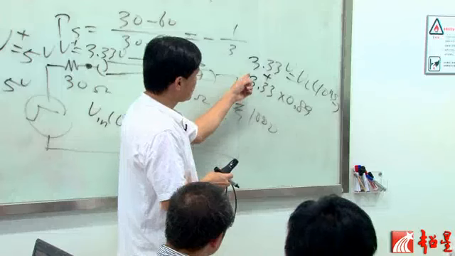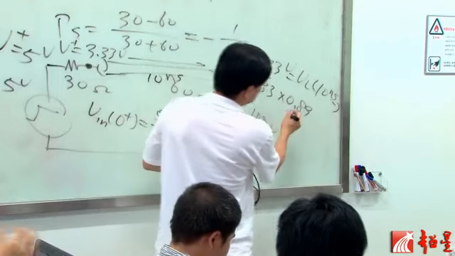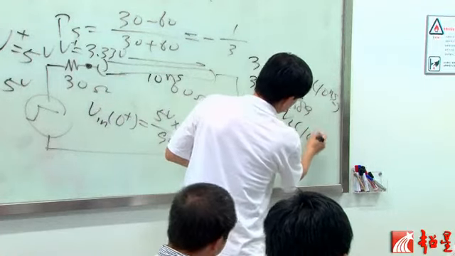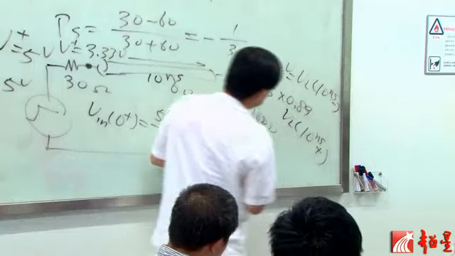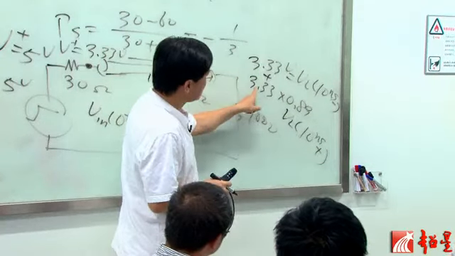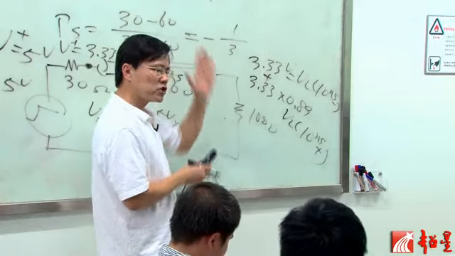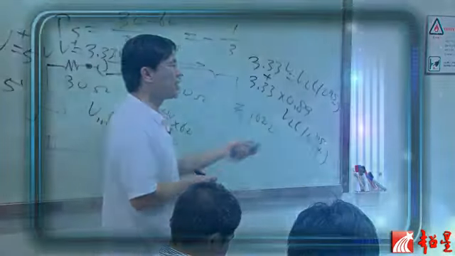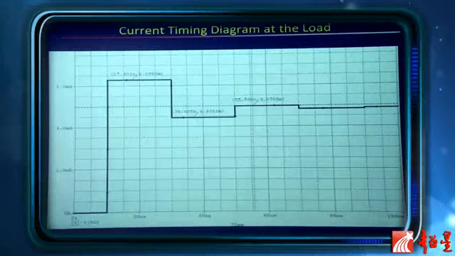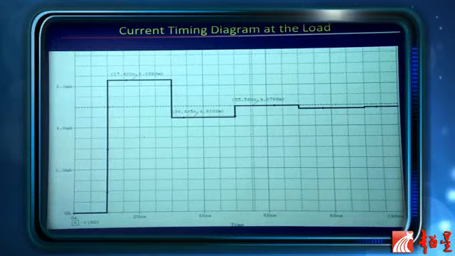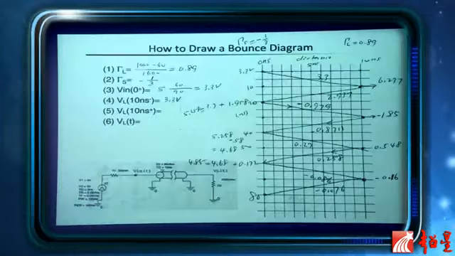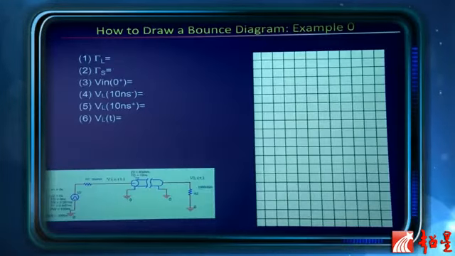Right away, this VL 10 nanosecond plus is going to be 3.3 volts plus the reflected voltage. So there's a voltage change at that point. That's that voltage there. Wait, how come this is current? Let's forget about that. So that's one thing.